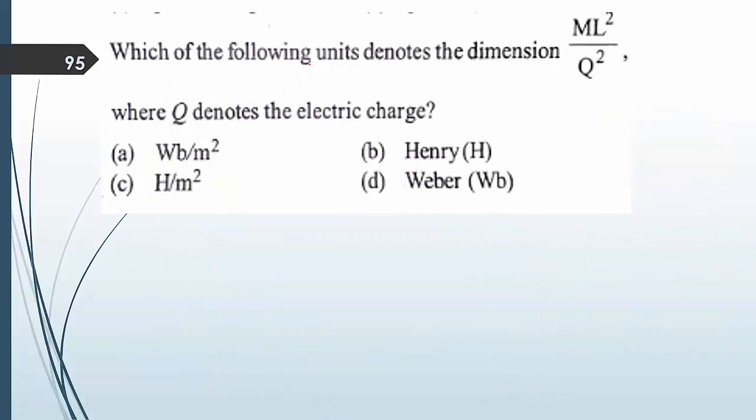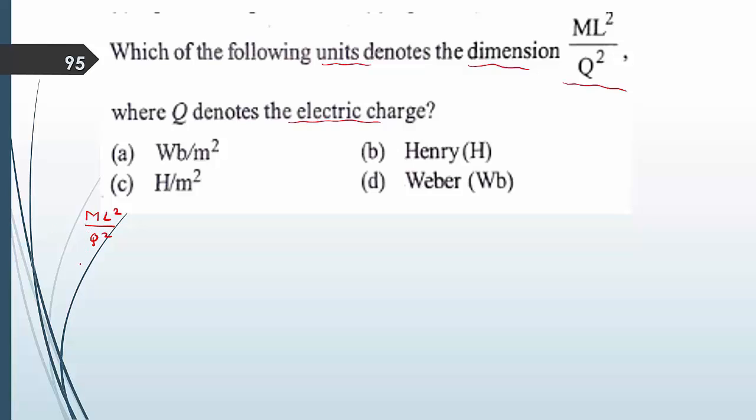Question number 95. Which of the following units denotes the dimension M L square by Q square, where Q denotes the electric charge? See here, the given equation I am going to write here: M L square over Q square.